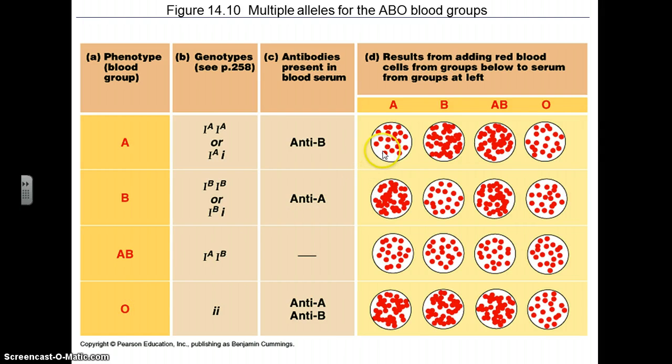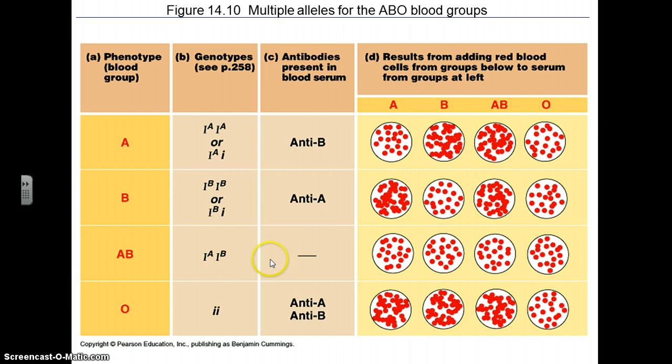Now, A's can only receive A or O blood. Basically, A's produce antibodies against B blood, and so they reject either B or AB. B's produce antibodies against A, and they reject A or AB blood.